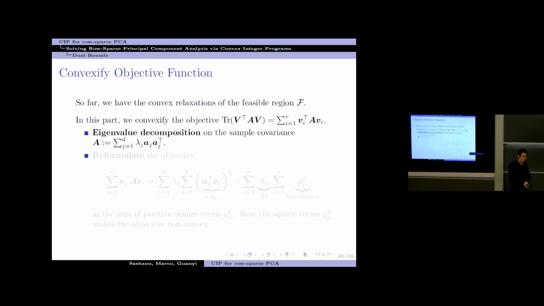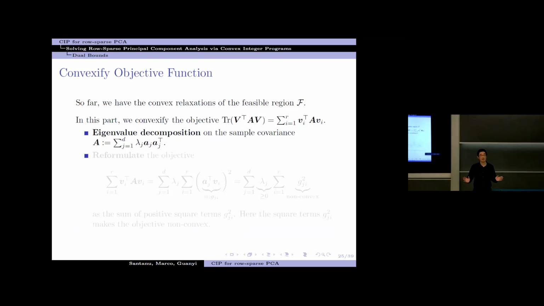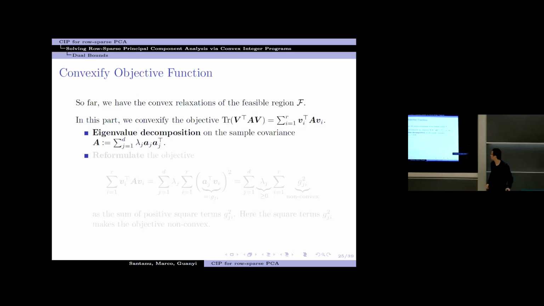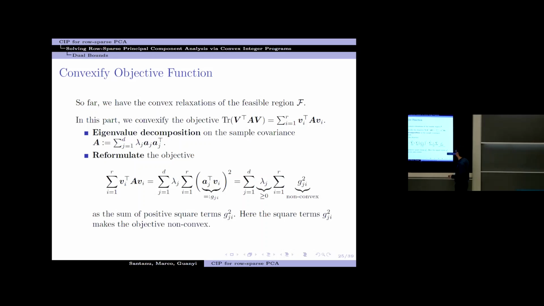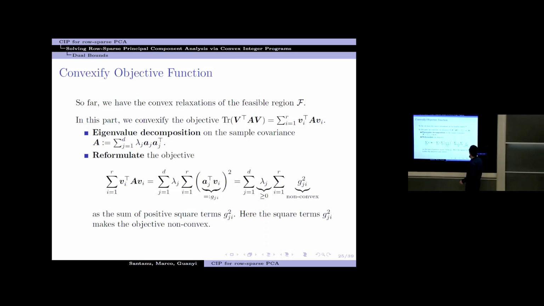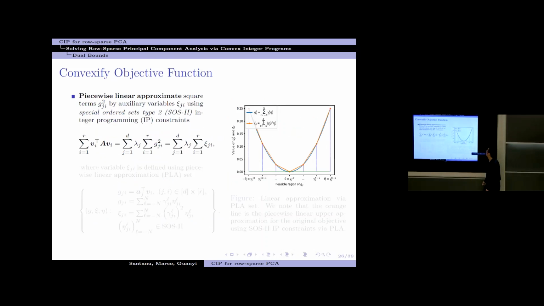Okay, so far we obtain the convex relaxations of the feasible set, and then we need to convexify the objective function. What we did is a very straightforward way. We reformulate the objective function into the summation of squares. And for each of the square terms, we consider a piecewise linear approximation like this.